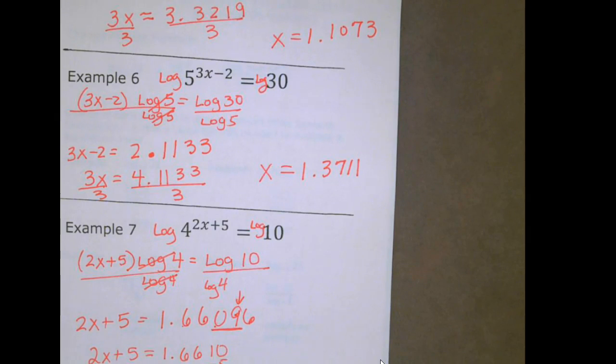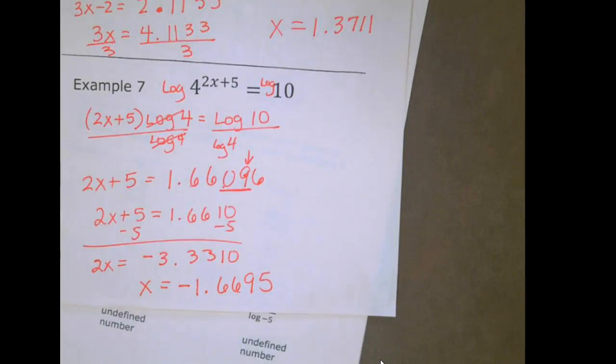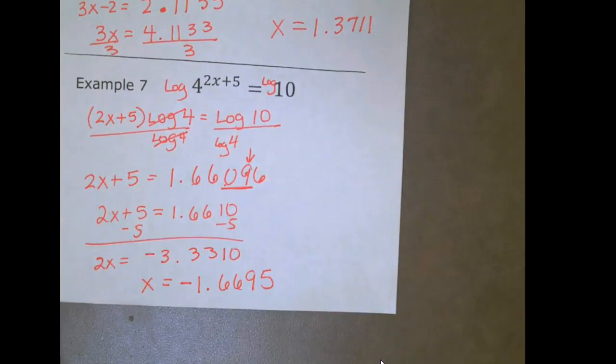Divide by 2, and x is approximately equal to negative 1.6695. You might get a little bit different answer because of rounding.